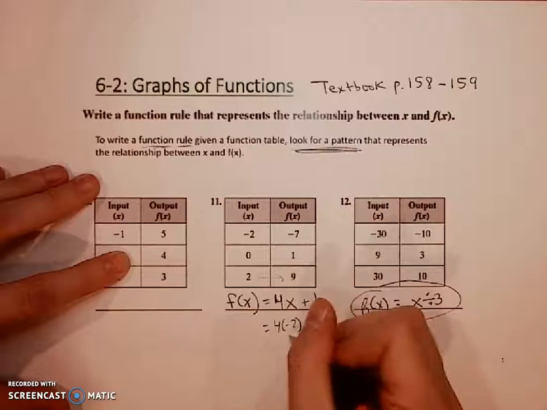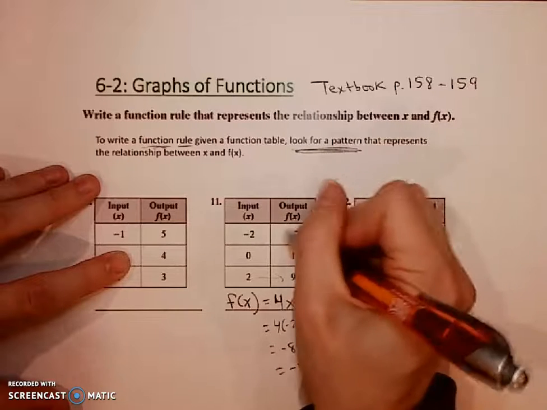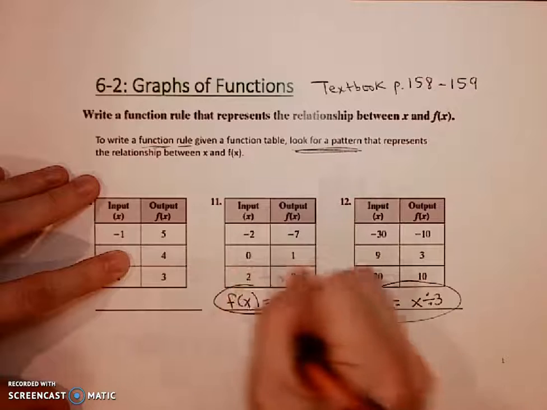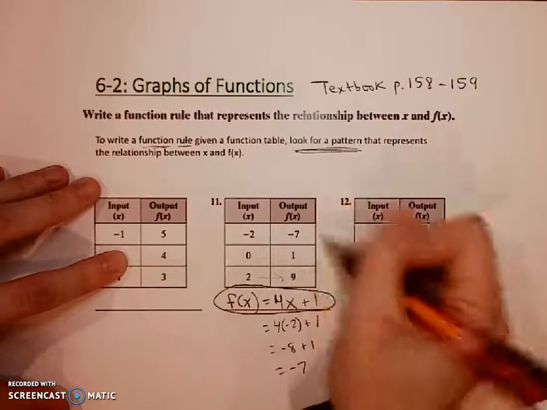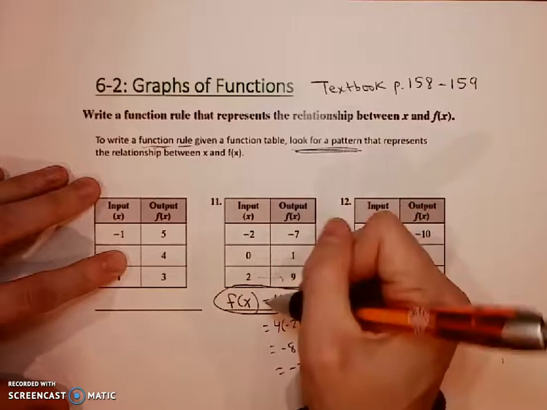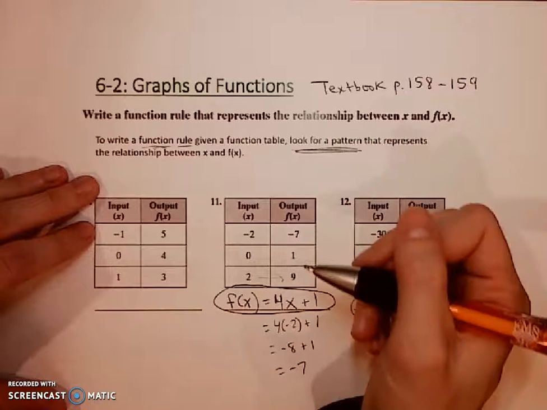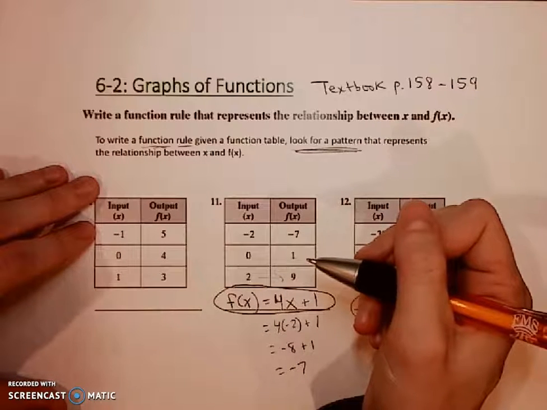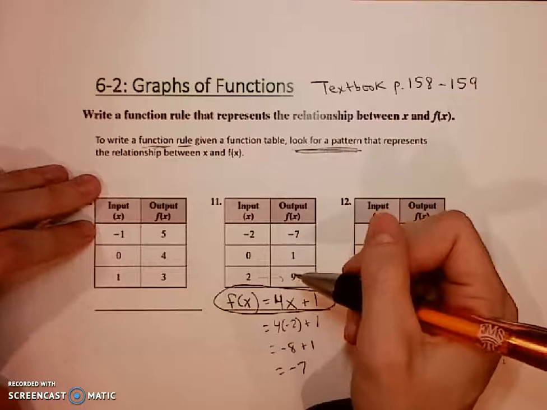This would give me -8 plus 1, which would give me -7. I have -7 here. So this rule fulfills the pattern for this table, so this would be my function rule. Most of these function rules are going to be a lot more direct, guys, I'll be honest, than these two-step equations. All right, this is new.